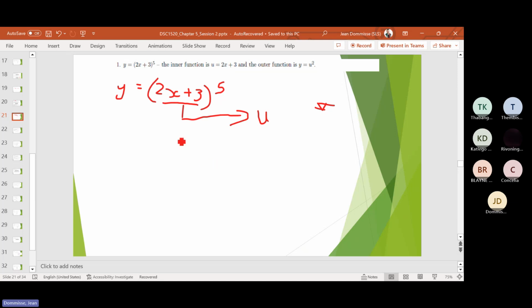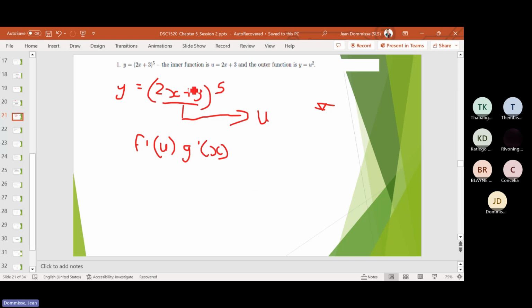So what we will need to do when it comes to the chain rule is we will need to differentiate basically the one function of u. So we will differentiate that, and then we will differentiate the other function that was created, that is still around x.